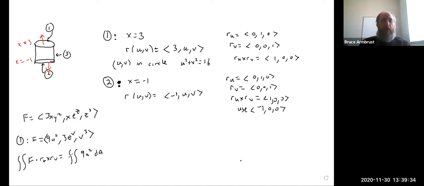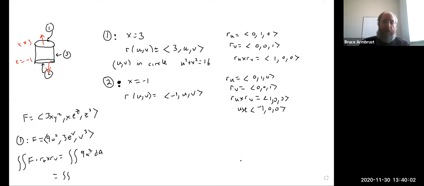All right, so now I need to do that over the circle. But since we're doing this over a circle, let's definitely go polar. So this is going to be the double integral of, well, the u, that was the y. So we can use r cosine or r sine.